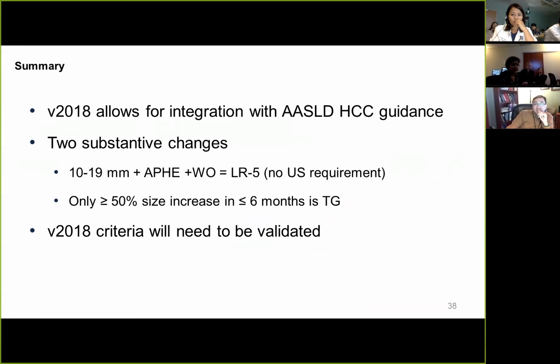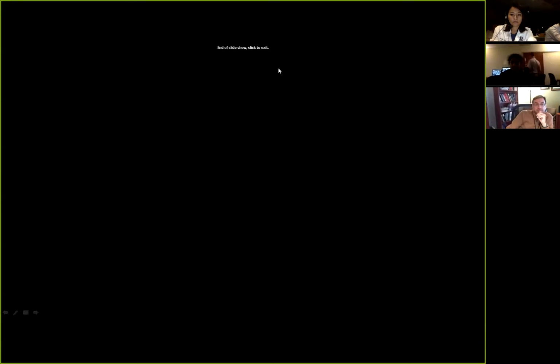Most important of which is that lesions 10 to 19 millimeters with arterial phase hyperenhancement and washout are categorized 5 without the ultrasound visibility requirement. And again, threshold growth is only greater than 50% size increase in 6 months. And then keep in mind that the v2018 criteria will still need to be validated to see how they perform. That's all I got for you.